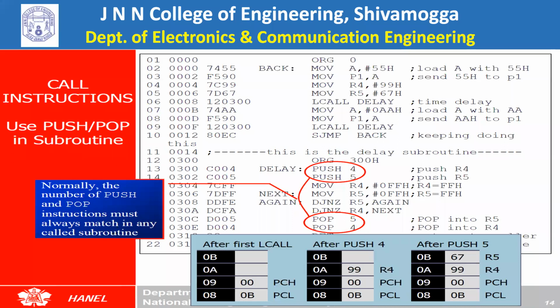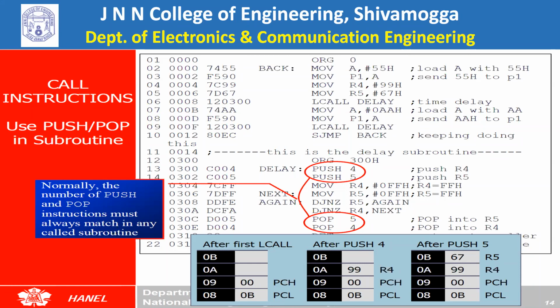Push and pop instructions are used in this subroutine. PUSH 4 is nothing but push R4, where 4 is the address of R4. What is the content of R4? 99. You can see that is pushed into the stack.